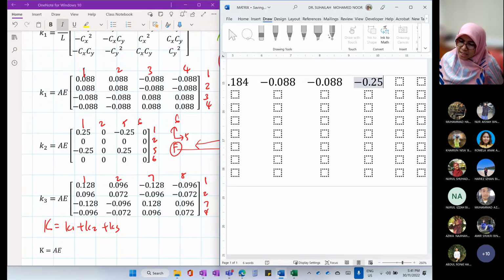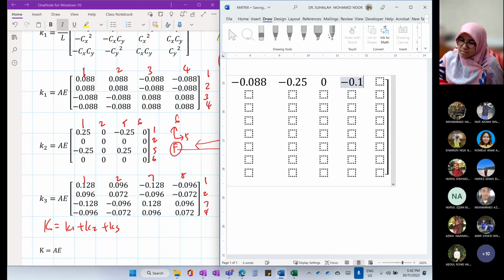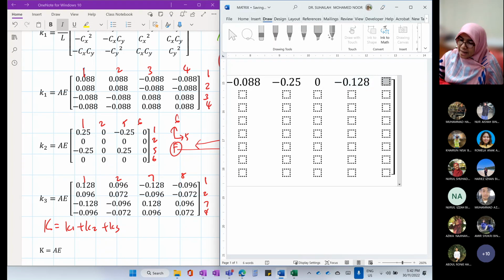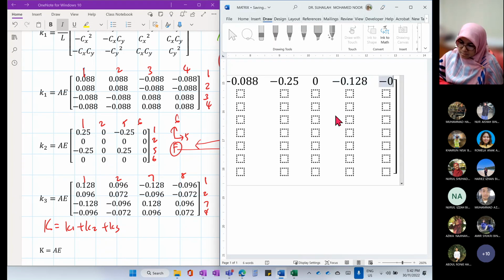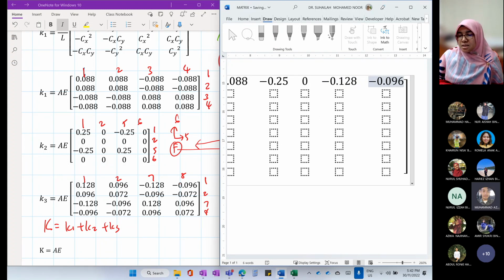Okay, 1,6 is 0. Then 1,7 is negative 0.138. Yes, and 1,8 is negative 0.096.